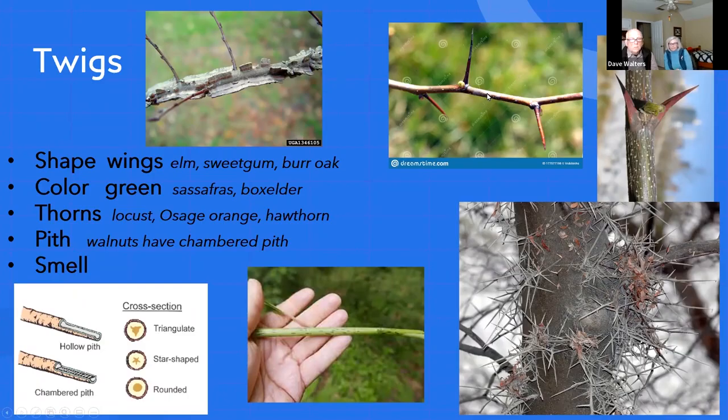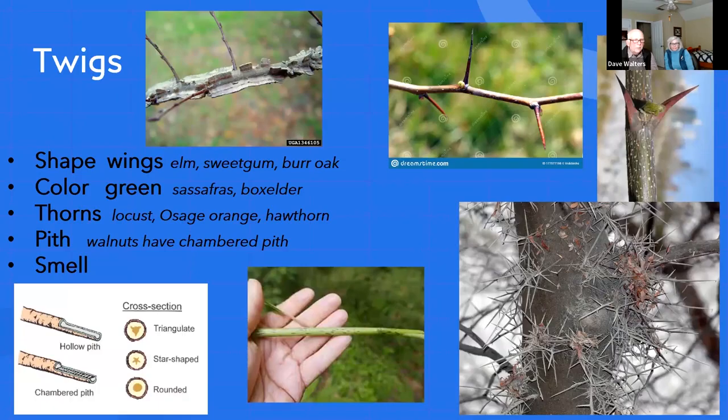So a lot of rest stops, roadside rest areas across Indiana, Ohio, they planted hawthorns, got little red berries for the birds, and they've got those all over the place. So next time you stop at one of those, look at the thorns.